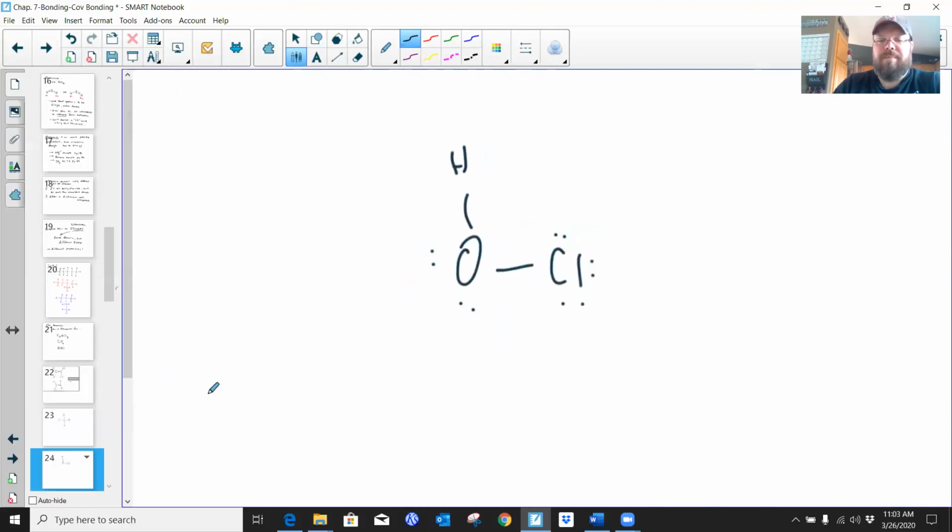And then the last one, the HOCl. This one's kind of an interesting one, and part of the reason why I picked it was because it brings up a little bit about what we'll get to later on this week, talking about bond shape of molecules, right?